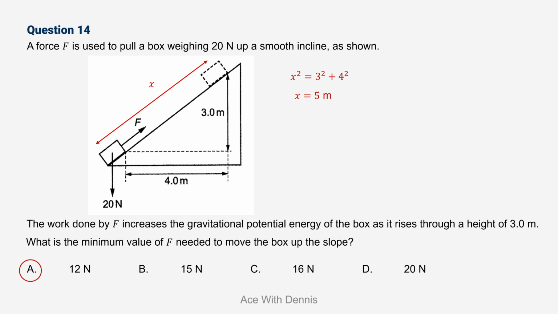Now, assuming that there is no energy loss as this is a smooth incline, the work done by F will be equal to the gravitational potential energy, GPE, gained by the box.